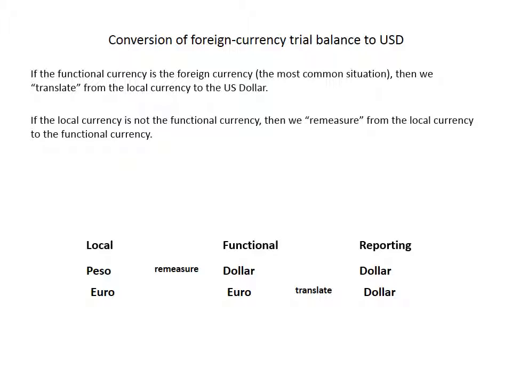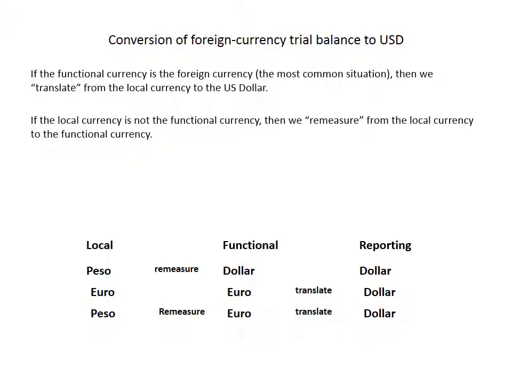On the other hand, if the functional currency is the euro, for example, if we own a majority stake in a German manufacturing company, and the functional currency of that company is the euro, when we want to take their trial balance and convert it to dollars, we will be translating it instead. Finally, you could have a complicated case where we have a manufacturing plant in Mexico.